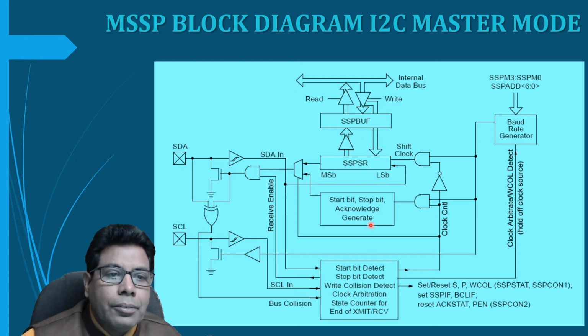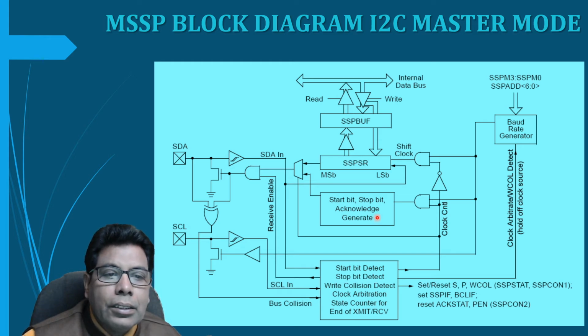Then we have the start bit, stop bit, acknowledge generation. So these signals will be generated and they will be available in particular control registers. We'll discuss in detail the acknowledgement signal, which bit will be used for getting that signal.